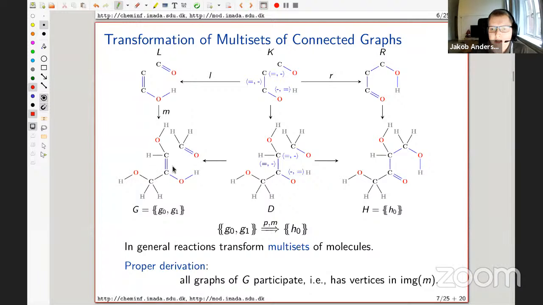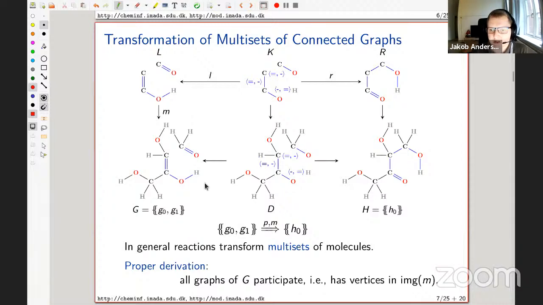And these two molecules are really separate. So we're really transforming here a multiset of graphs into another multiset. Here, it just happens to be that this multiset is the trivial one with just one graph. So what we really do is that we fluently go between viewing a graph as one object for the transformation and then viewing it as a multiset of its connected components.